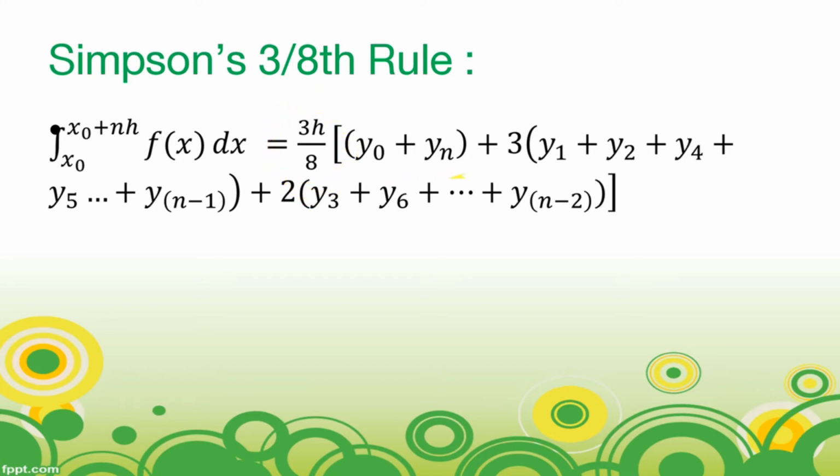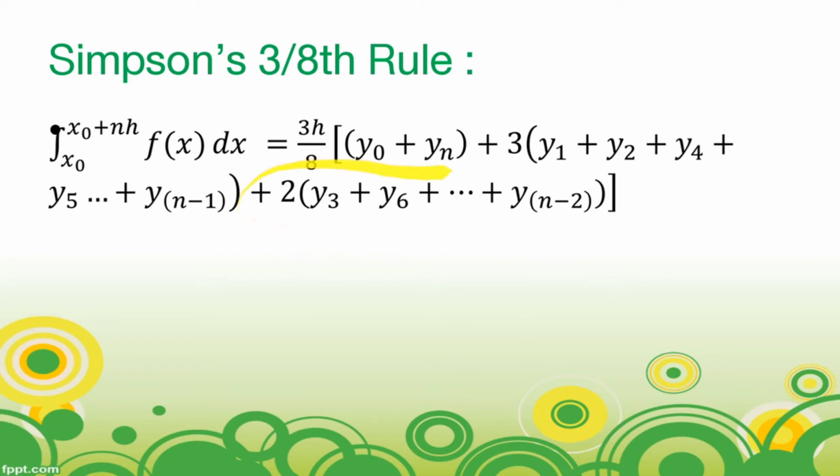Then the first bracket contains the first and last terms of our function y, plus 3 times the second bracket containing y1, y2, y4, that is, it contains neither completely odd terms nor completely even terms. In the next bracket, plus 2 times y3, y6, the next term will be y9 and so on.